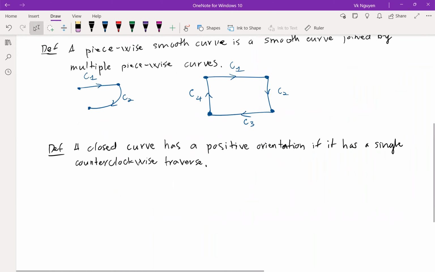Okay, so this is a curve that has the positive orientation here.